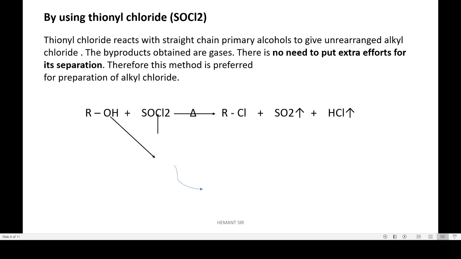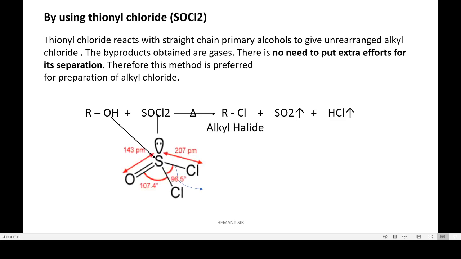See here, a primary alcohol is given plus SOCl2, meaning thionyl chloride, heated, gives RCl plus sulfur dioxide gas plus hydrogen chloride gas. Correct? Here is the Lewis structure of thionyl chloride.